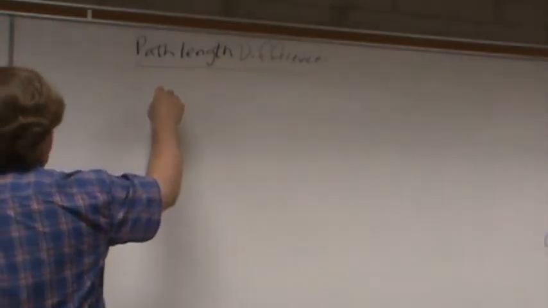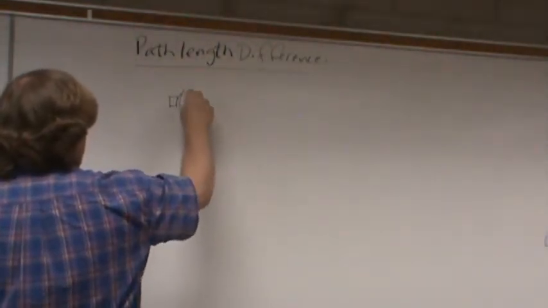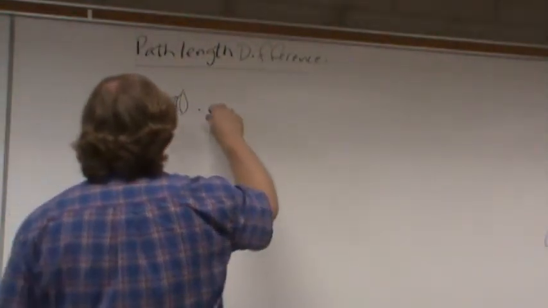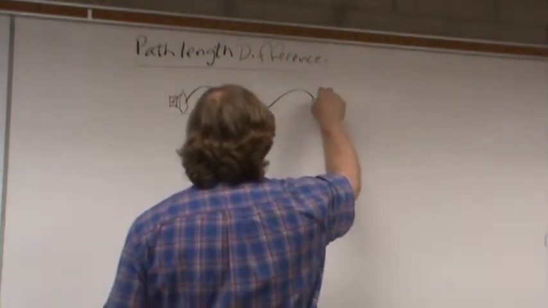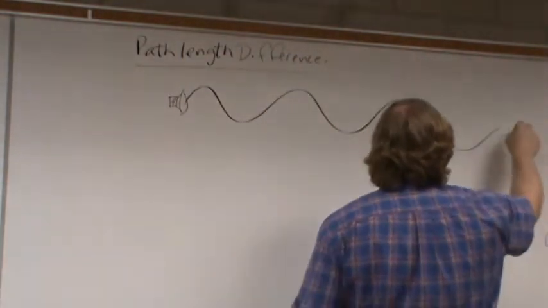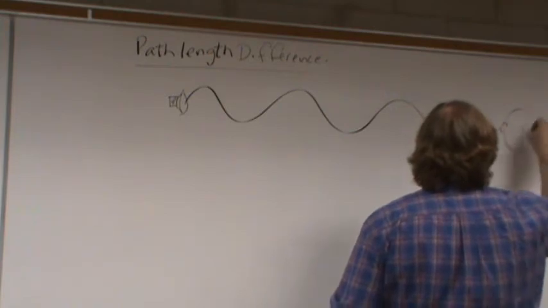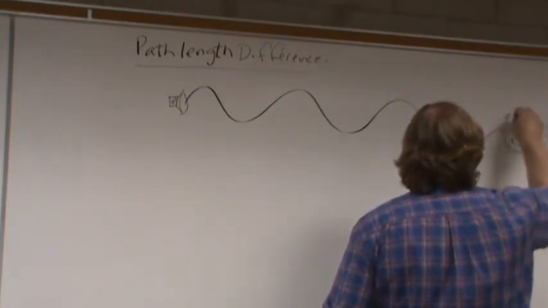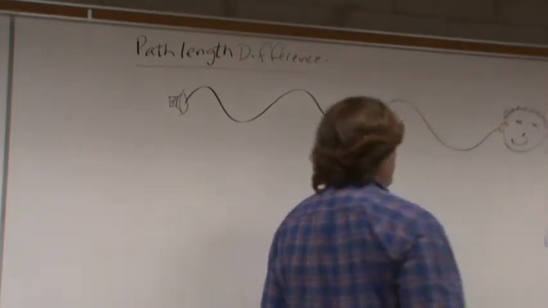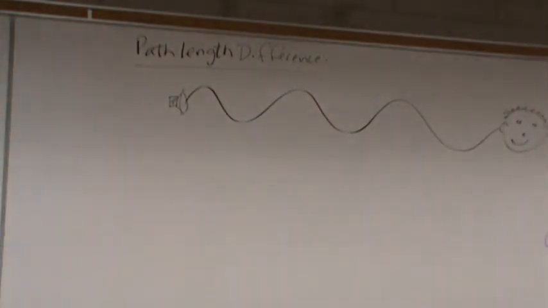Okay. Imagine I have a speaker, and the speaker is putting out a particular tone and is going to some listener. Okay, this guy is hearing the tone from that speaker.